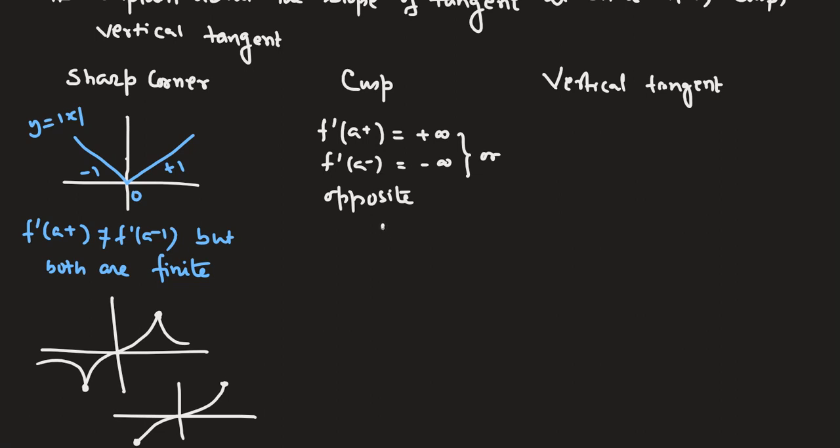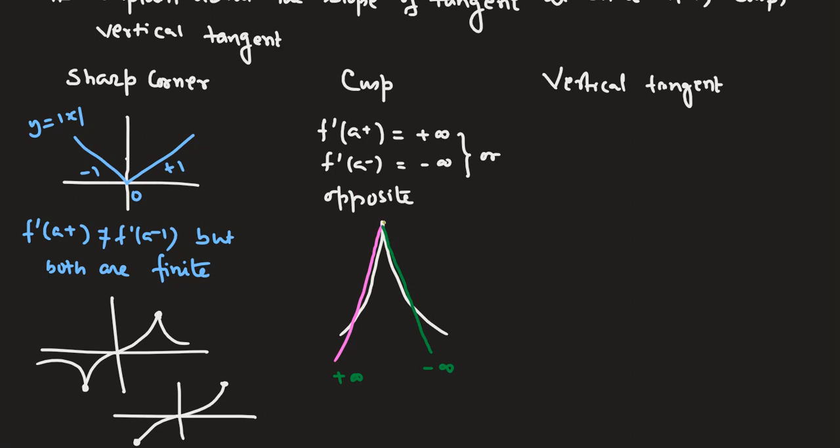So now one tangent approaches positive infinity, and the other tangent approaches negative infinity. In this case this one is approaching positive infinity and this one is approaching negative infinity. So at this point on the curve you have the cusp.